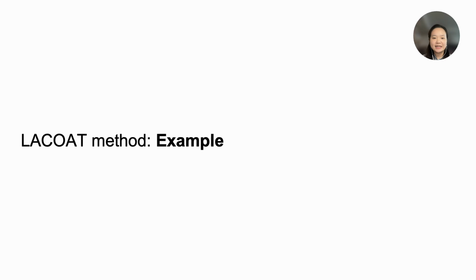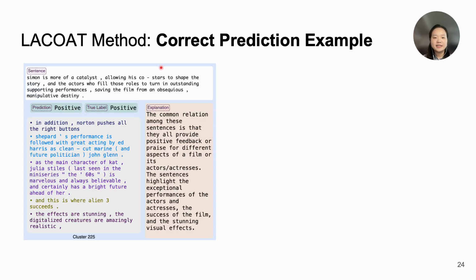Next, we will see an example generated by the LACOAT method. This is an example of a correct prediction. The sentence part refers to the input sentence. The prediction part is the model's output, and the true label is the gold standard label. We actually have two explanations.